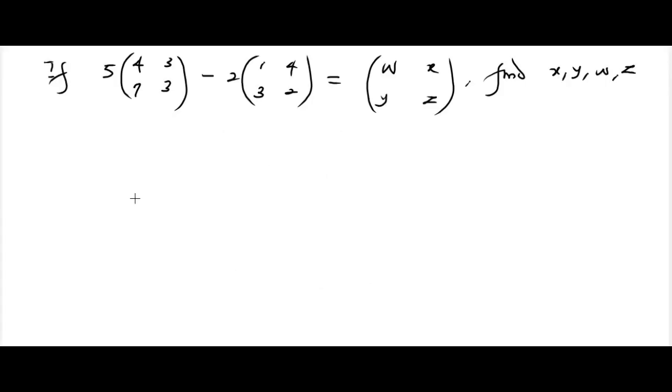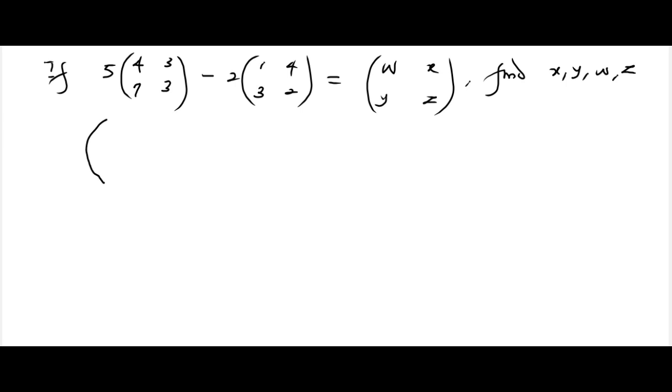So here is a question that we need to tackle together. 5 into 4, 3, 7, 3 minus 2 into 1, 4, 3, 2 equals W, X, Y, Z. And we are told to find X, Y, W, Z. So the first thing you will do is find the scalar multiplication of this, and also find the scalar product of this, and whatever you get, you subtract from each other and equate to this.